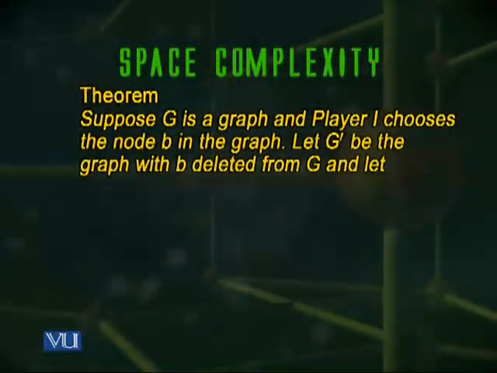So we have this simple theorem which says: suppose G is a graph and player 1 chooses the node B in the graph.